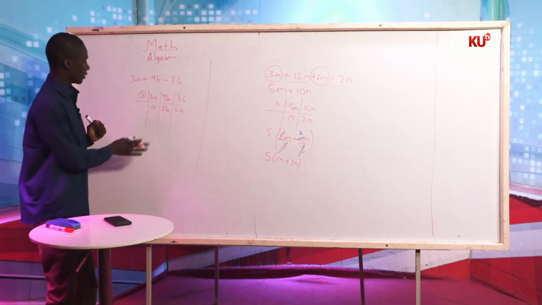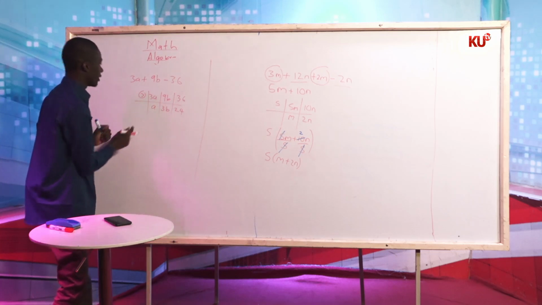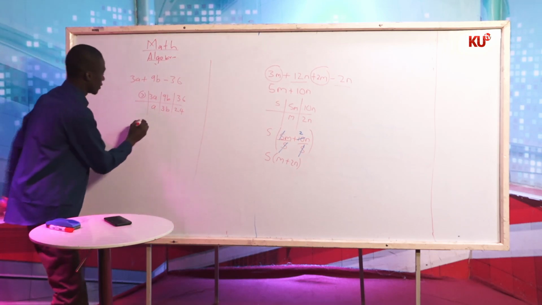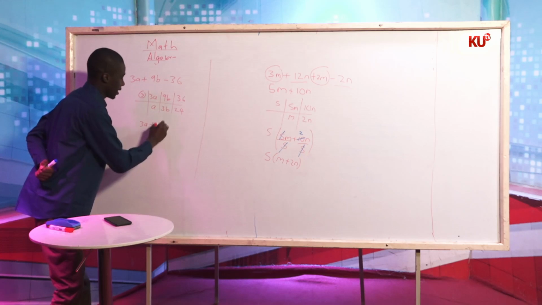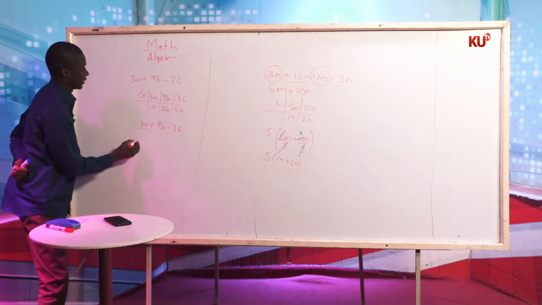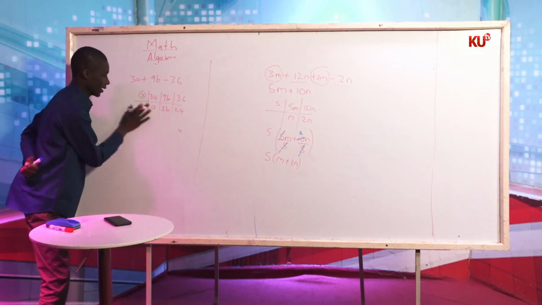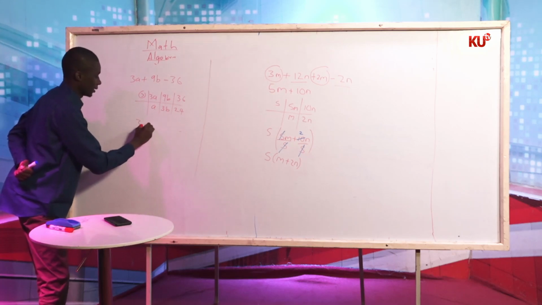So what you're going to do is take the 3 that we have and divide it into every term in our algebraic expression, which is 3a plus 9b minus 36. Let me increase the size of my handwriting.